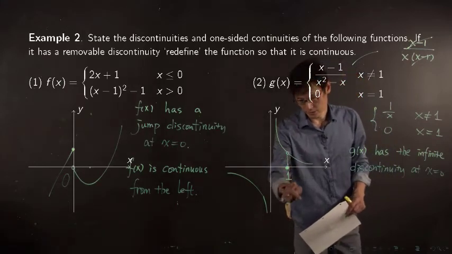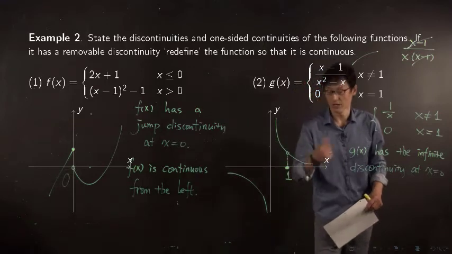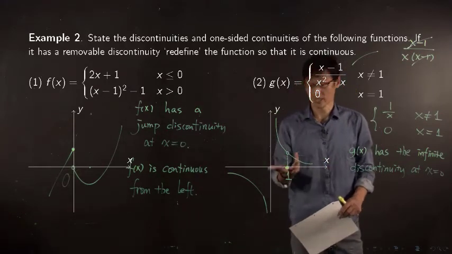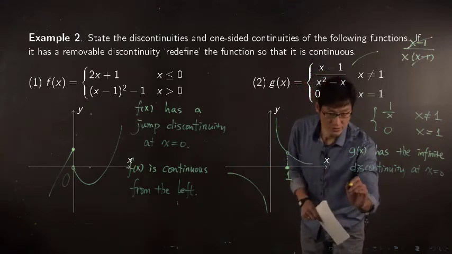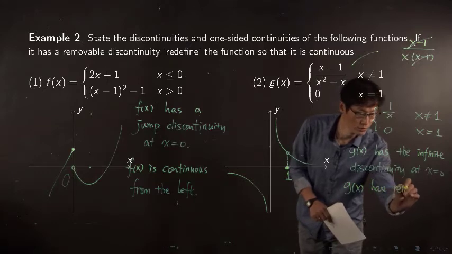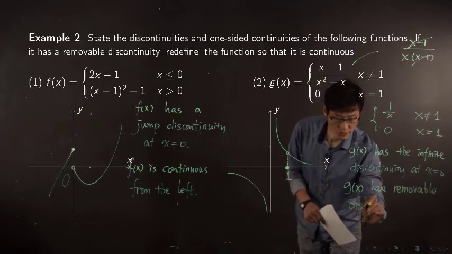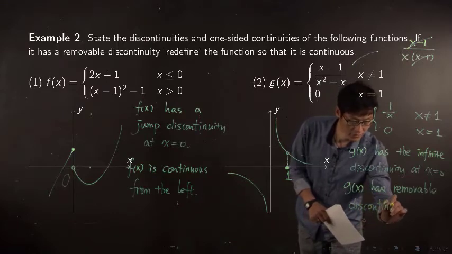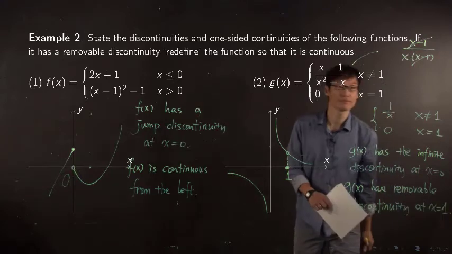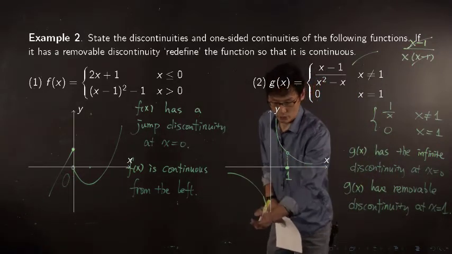And look at x equals 1. We have a discontinuity, but you can redefine g to have a continuous function. In that sense, g has a removable discontinuity at x equals 1. When you redefine this, you will get a copy of 1 over x.